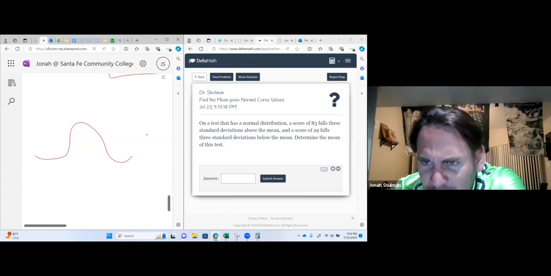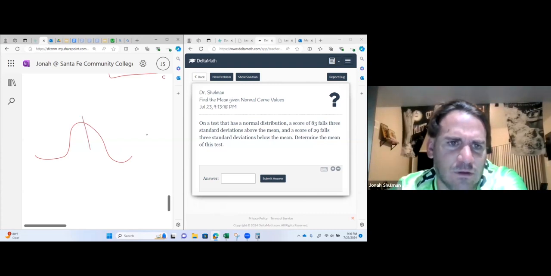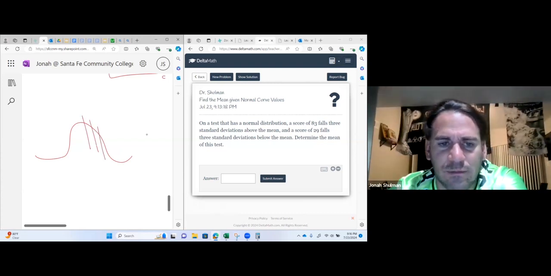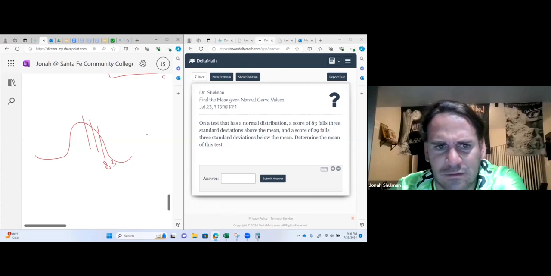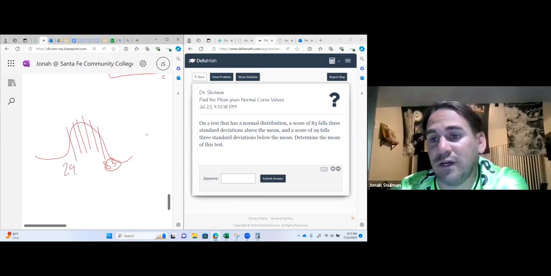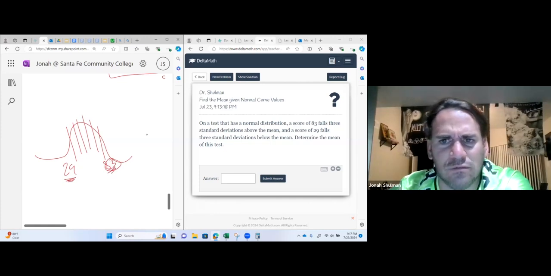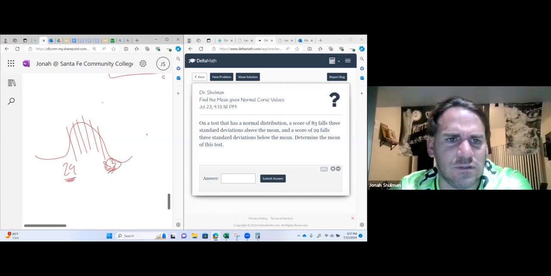A score of 83 falls 3 standard deviations above the mean, and a score of 29 falls 3 standard deviations below the mean. So we need to find the mean. This is a hard one. So 29 is 3 SDs below, and 83 is 3 SDs above.